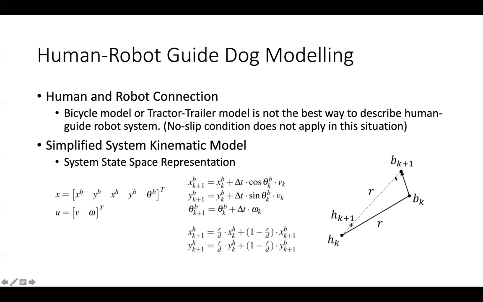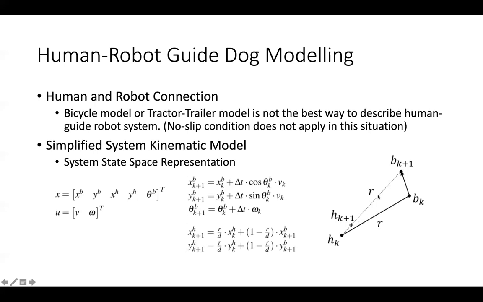Let's look at this picture here. Suppose our robot and human have a rigid rod connection. The rod length is R. So we assume that human and robot always keep the distance R. And if the robot goes straight, it will be simple. Now let's think the robot goes to another direction from B_k to B_k+1. And suppose the human is still at this place, and the human will be guided by this rigid rod to turn a little bit left.